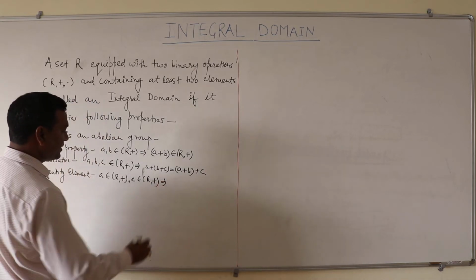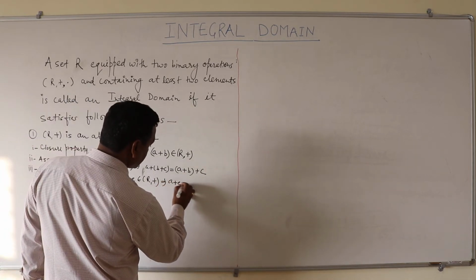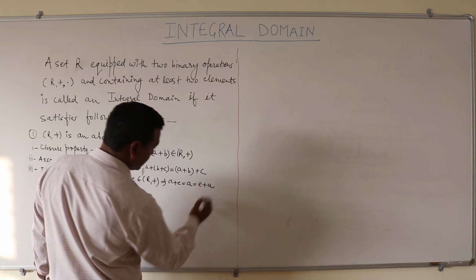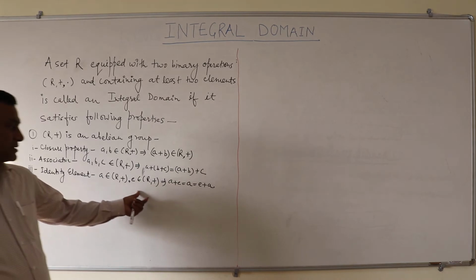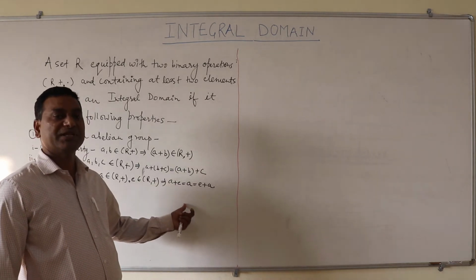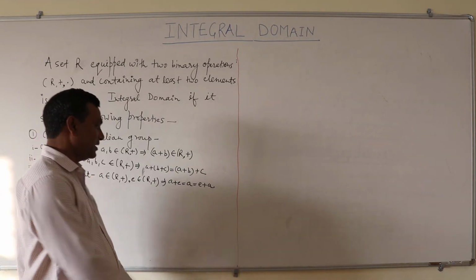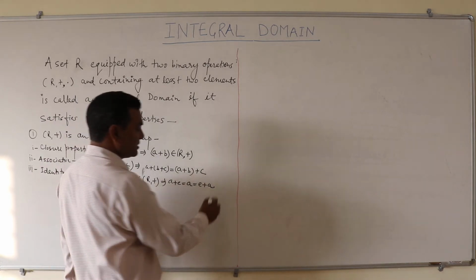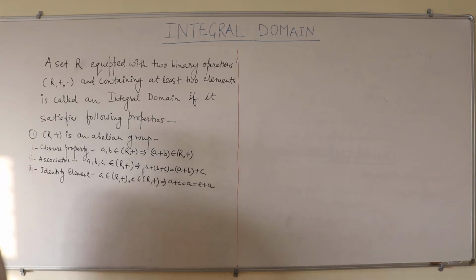In this situation we will have a plus e equals a equals e plus a. Then in this case e is the identity element. This element will exist and this is known as additive identity property.